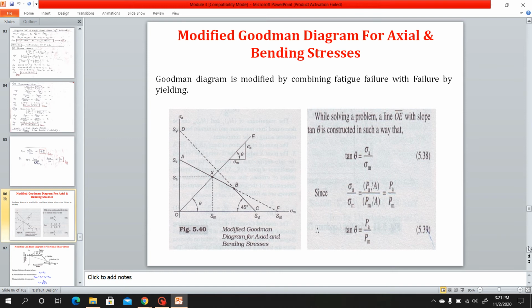In order to remove that particular part, we modified the Goodman diagram. How did we modify it? We combined the yield line with the Goodman line.